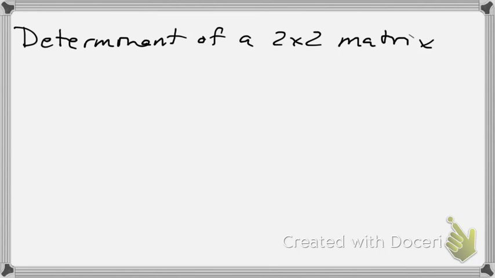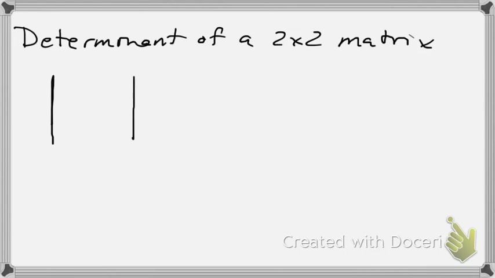Two by two. Very simple. First of all, you have to understand the way a determinant is shown. A determinant of a matrix is symbolized by vertical bars on the outside of the matrix.